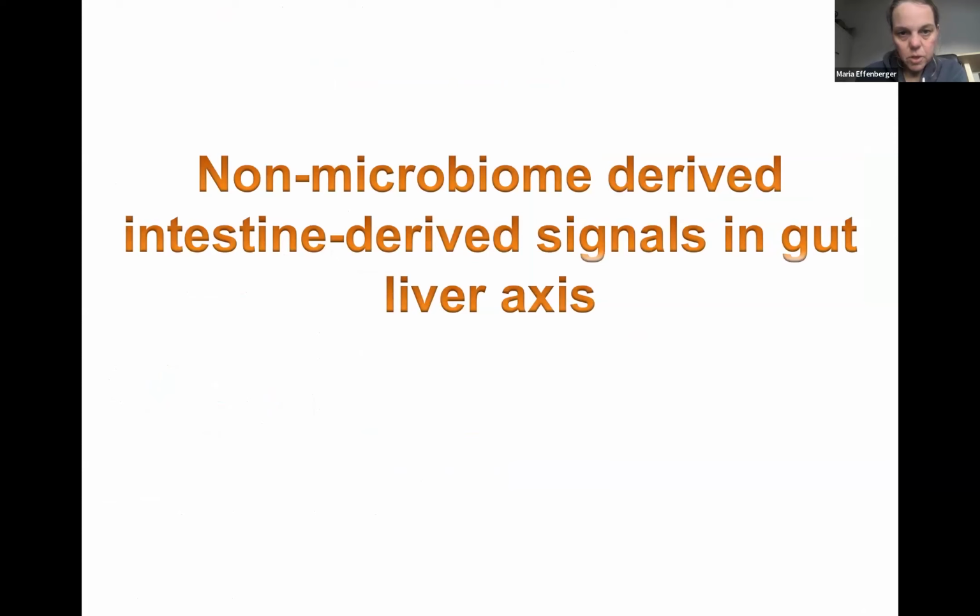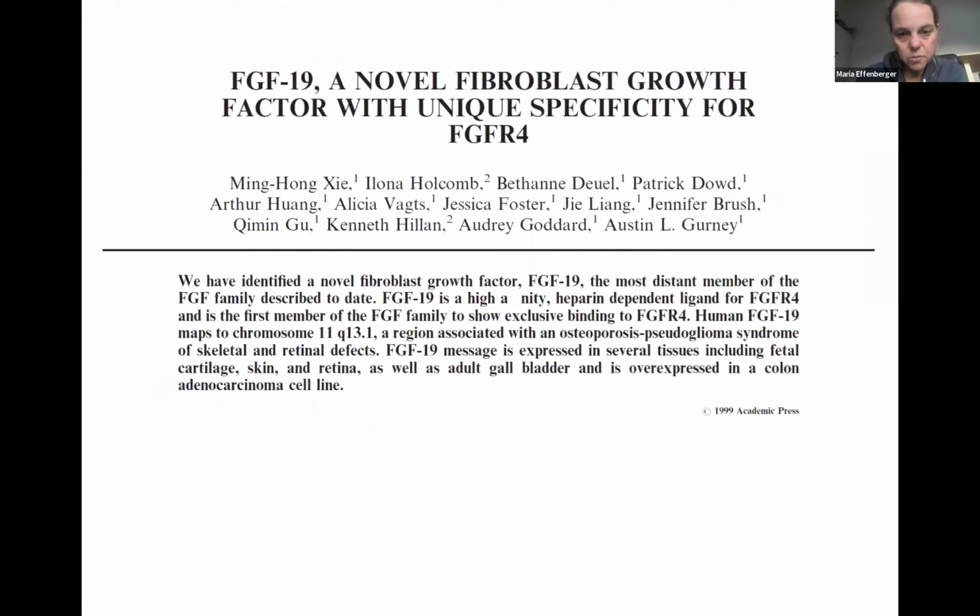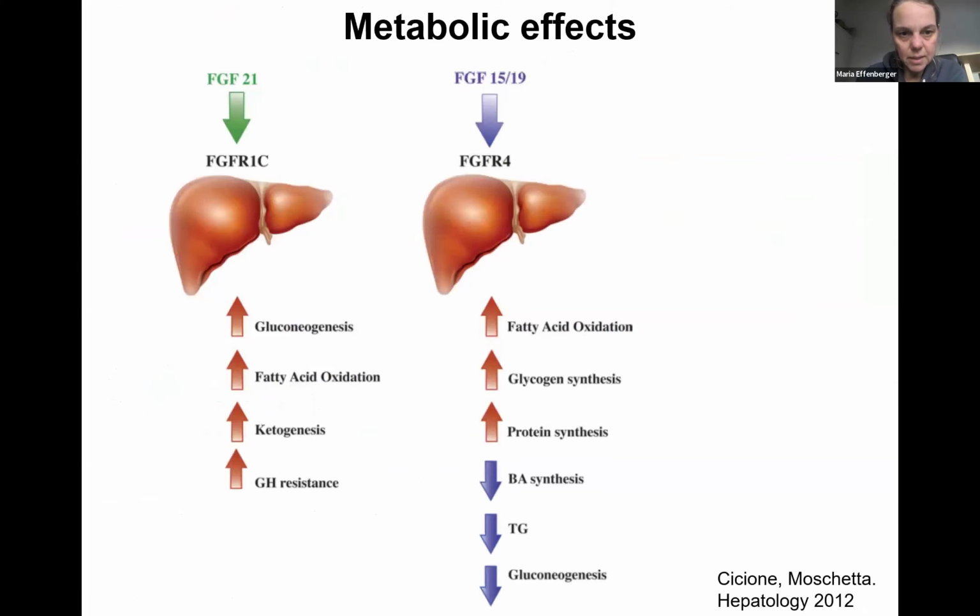Last but not least, we have non-microbiome-derived, intestine-derived signals in the gut-liver axis, as I've already mentioned, FGF19. And here you can see that these metabolic effects of FGF21, 15 and 19 interact with all our systems, not only with the liver.